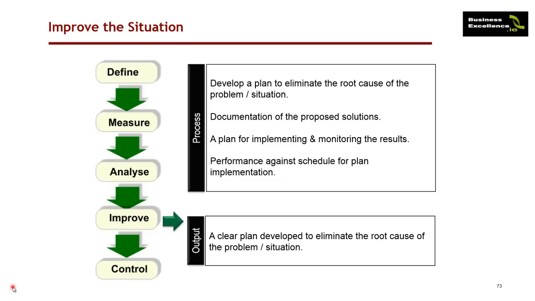We also need to monitor the result before and afterwards to make sure that we have actually implemented a solution that eliminates the root cause. And we may develop some sort of a timeline or a schedule to do a pilot and then do a full-scale implementation. The output of the improve phase is a very clear plan which will eliminate the cause of the problem and the situation.